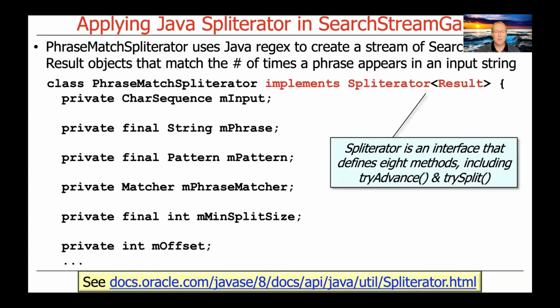PhraseMatchSpliterator implements the Spliterator interface, which, as we talked about earlier, is essentially the way in which you can customize the splitting phase and the iterating phase of a Java data source. In this case, it would be the elements that we're looking for. Spliterator is an interface that defines eight methods, most important of which for our purposes are tryAdvance, which we focus on here, and trySplit, which we'll focus on when we talk about parallel streams.